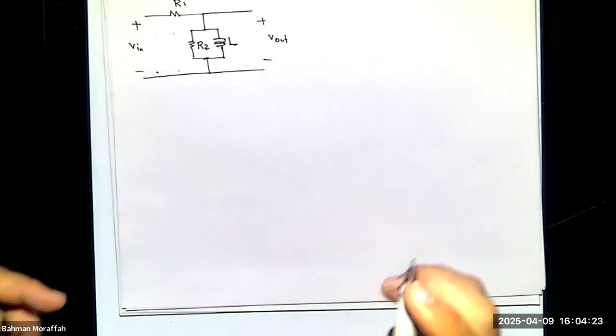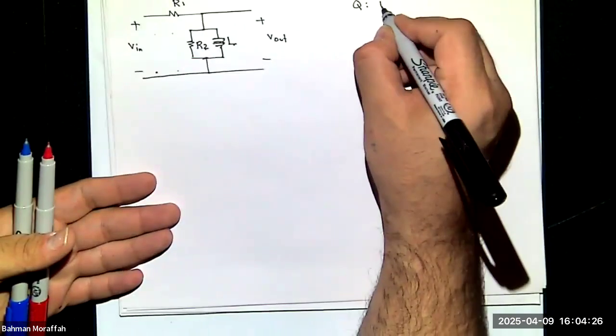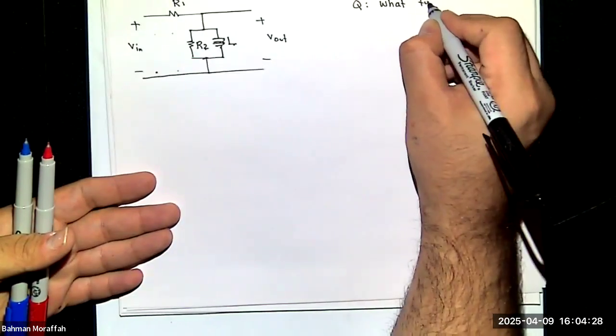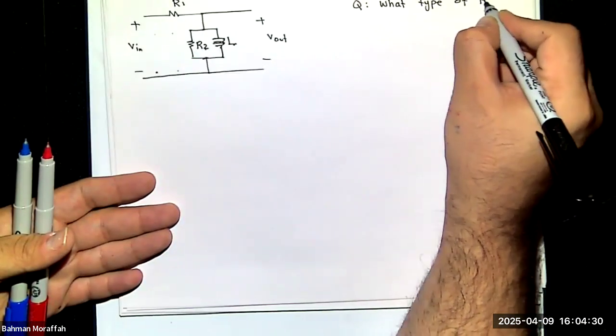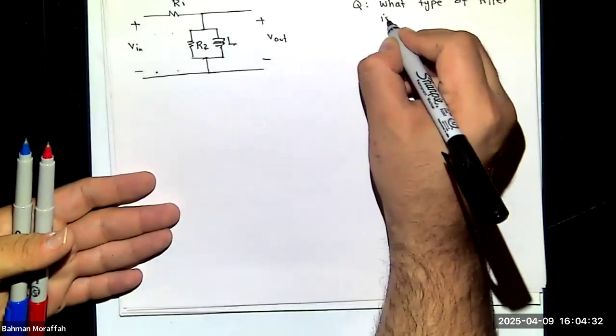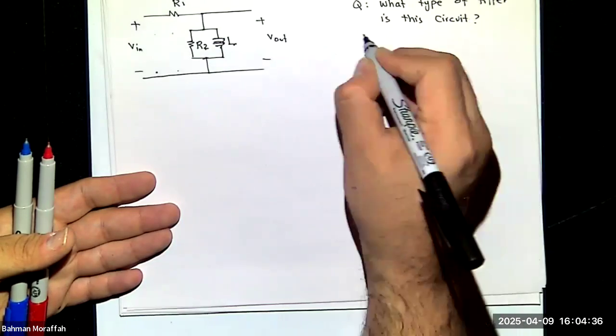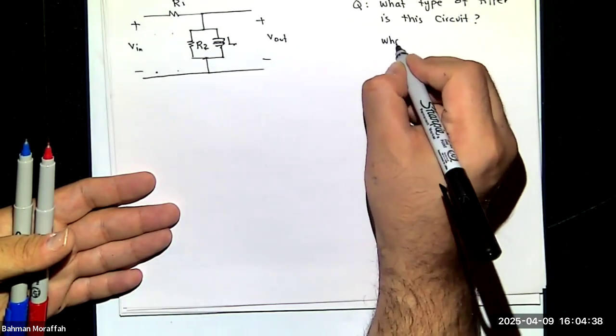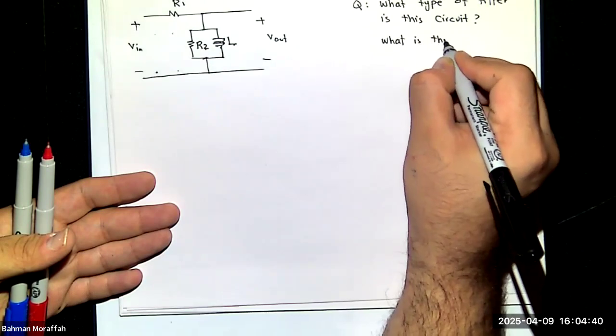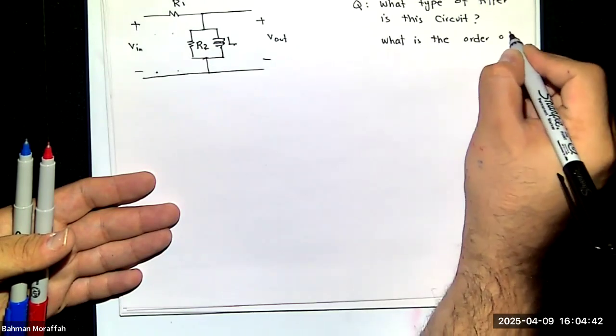Right? The question is, what type of filter is this circuit? Also, what is the order of this?